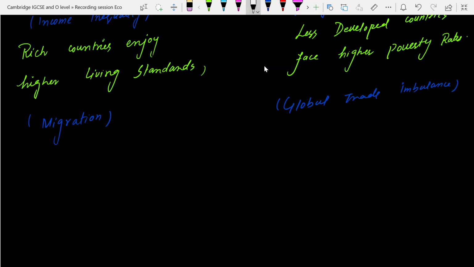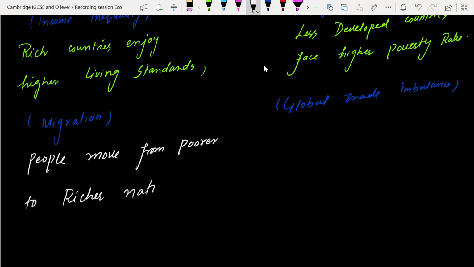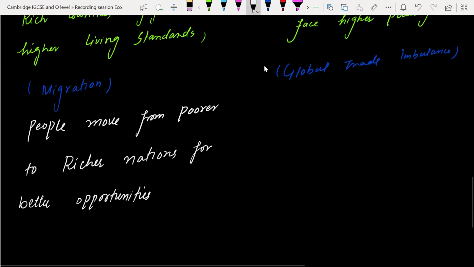People move from poor to richer countries for better opportunities.